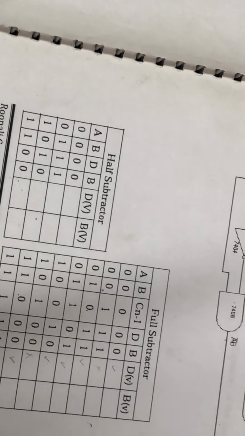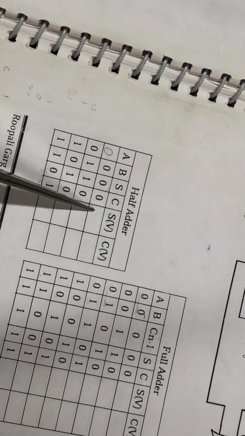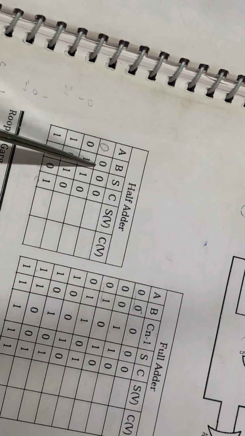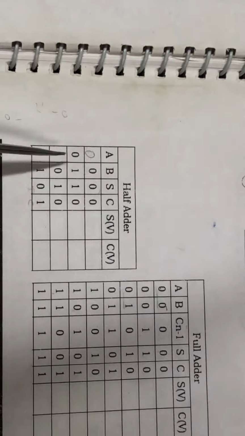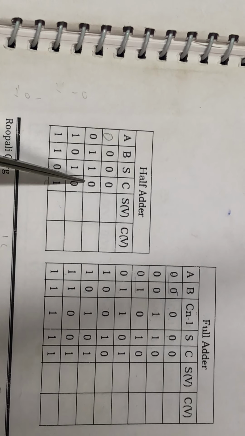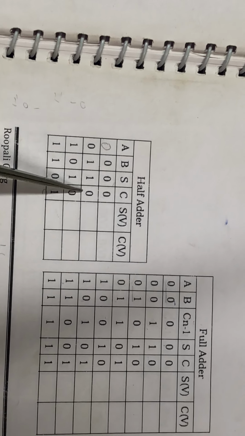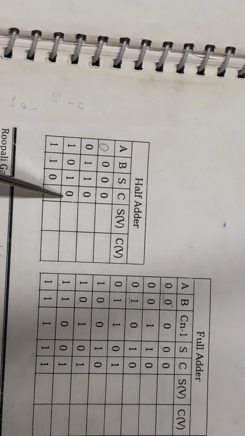And in the case of half adder, there was sum and carry. So 0, 0, the sum was 0 and there was no carry. 0, 1, the sum was 1 and there was no carry. 1, 0, the sum was 1 and no carry.